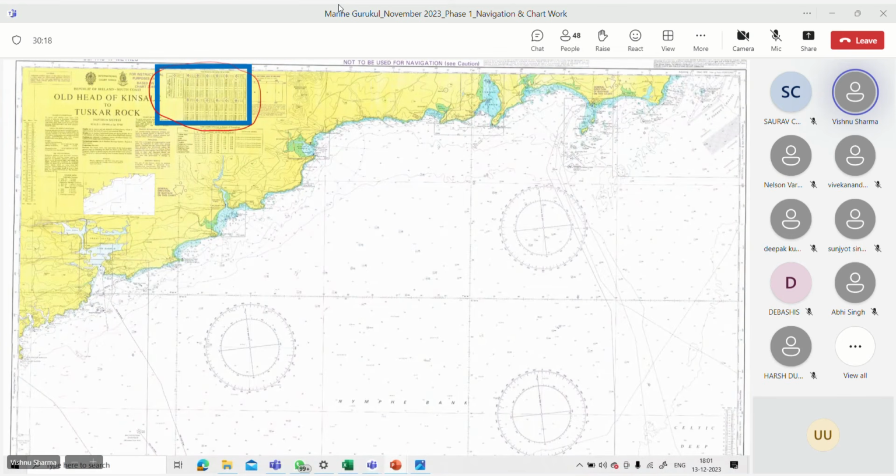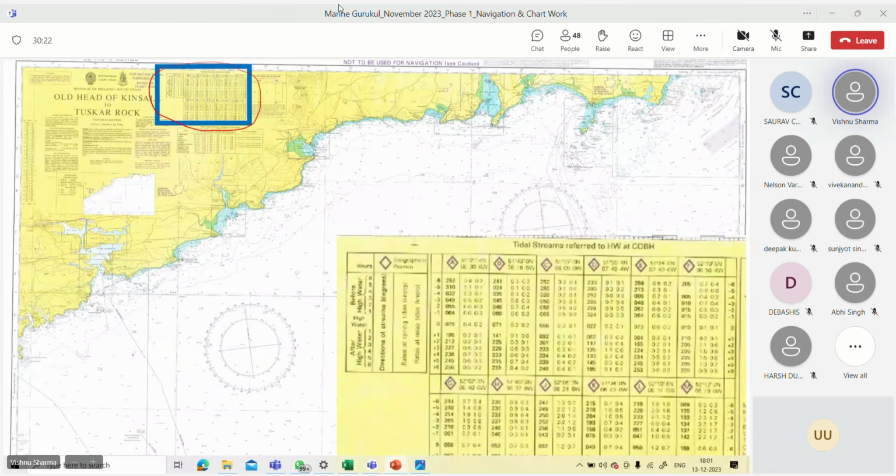Now, whatever is in the box, I have enlarged it here. This box is what you can see here on the chart. What is written here? Tidal streams with reference to high water at this place, Kobe. Okay, high water at Kobe. And then what do you have here?